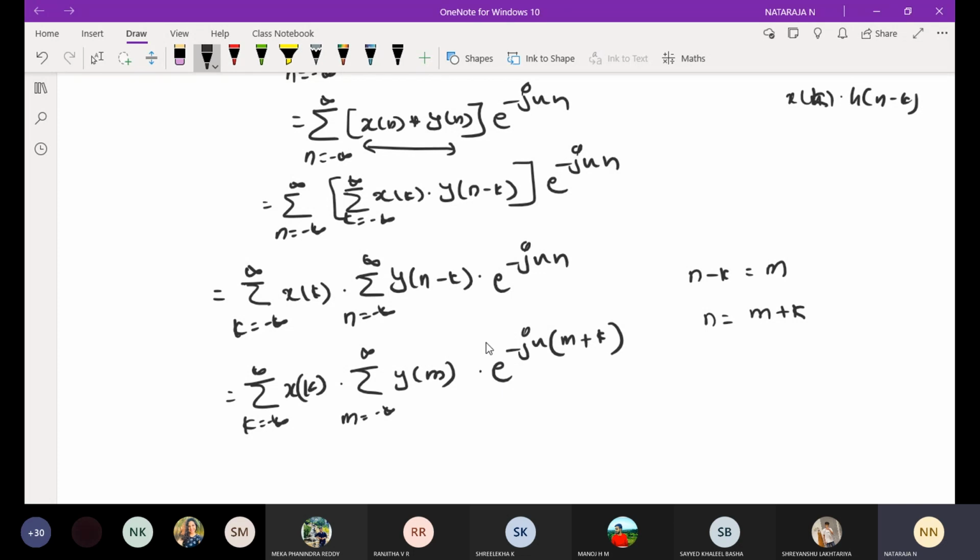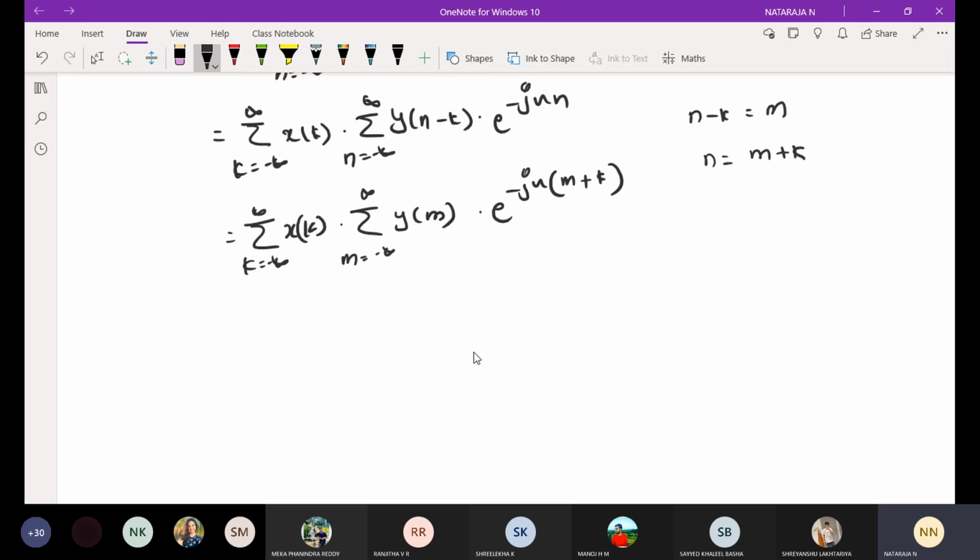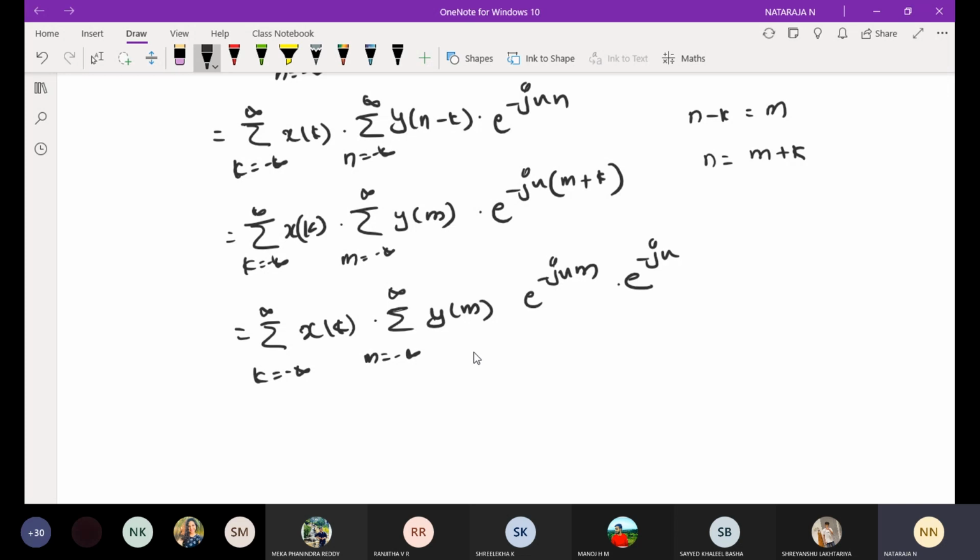So what I will do: summation k equals minus infinity to infinity x of k, summation m equals minus infinity to infinity y of m, written as e power minus j omega m into e power minus j omega k.